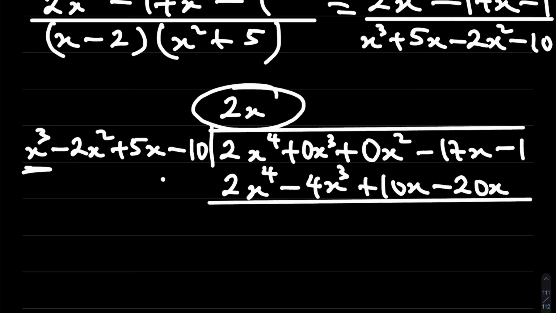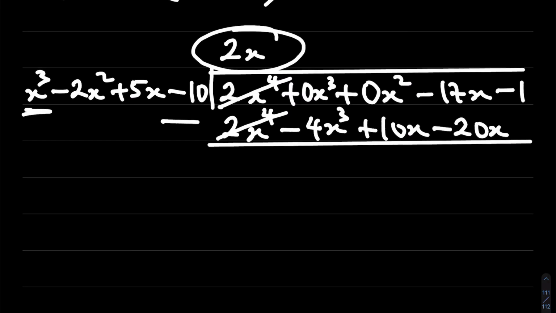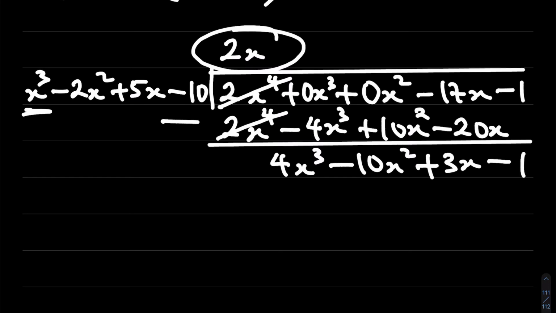Now what do we have when we subtract? 2x to the power 4 minus 2x to the power 4 is 0. 0x cubed minus 4x cubed is 4x cubed. 5x times 2x is 10x squared, so 0x squared minus 10x squared is minus 10x squared. Minus 17x minus 20x is plus 3x. And you bring down the next term, which is minus 1.